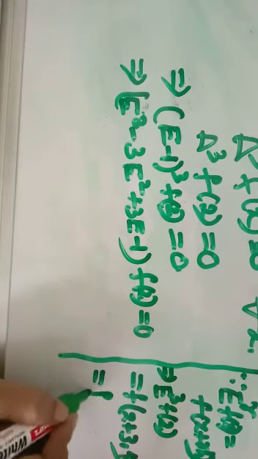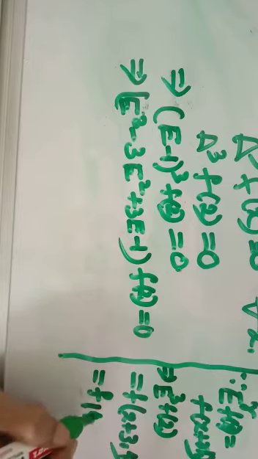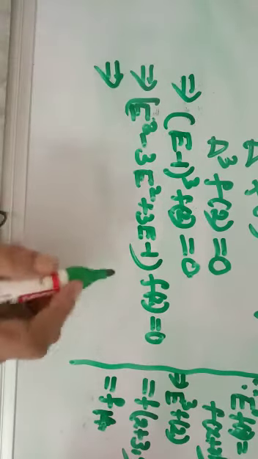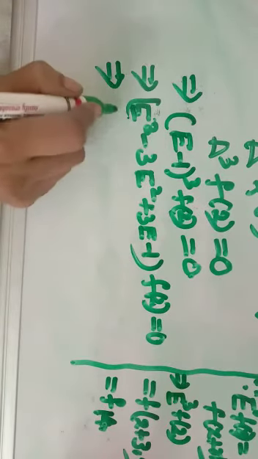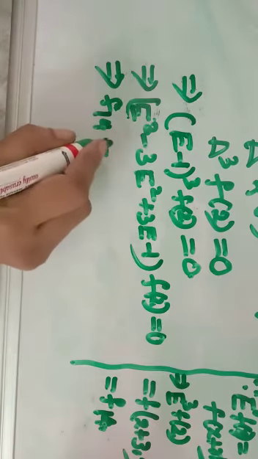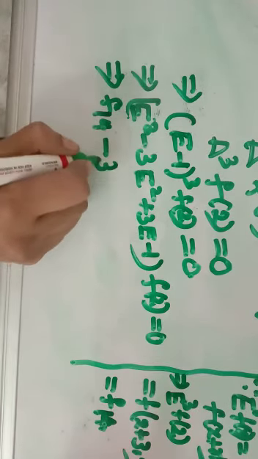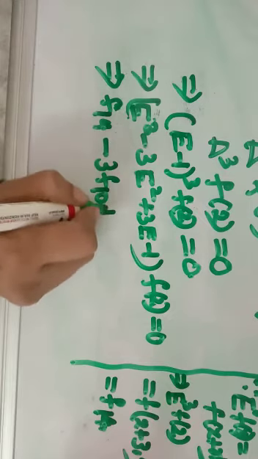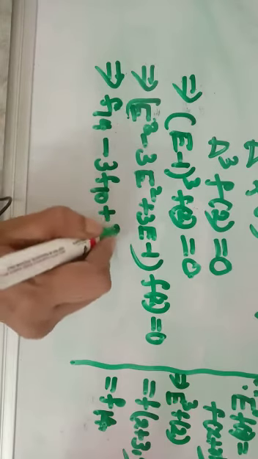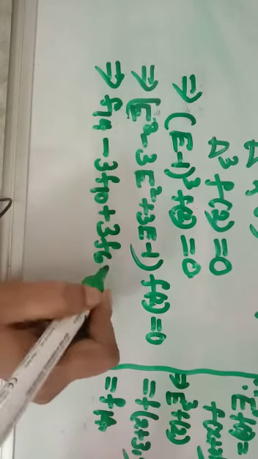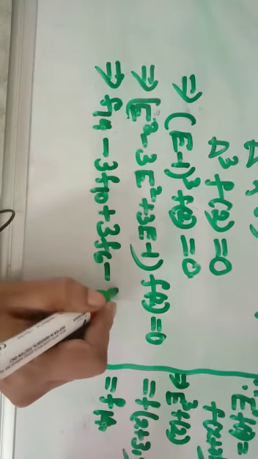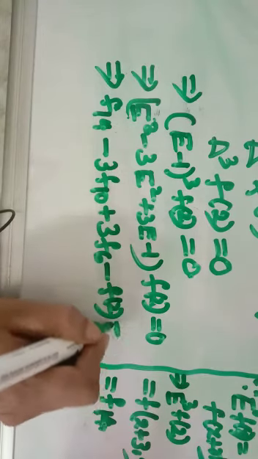Therefore, it is equal to f(14). Now here E cube f(2) is equal to f(14) minus 3 into f(10) plus 3 into f(6) minus f(2) is equal to 0.